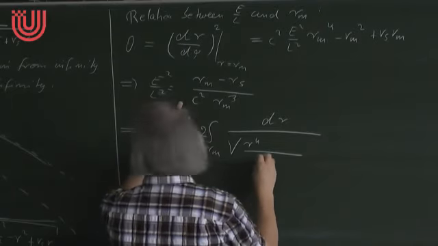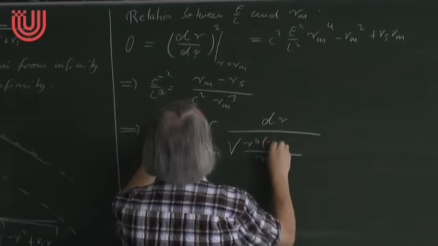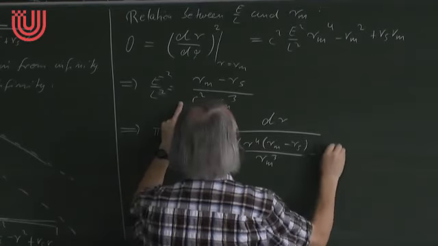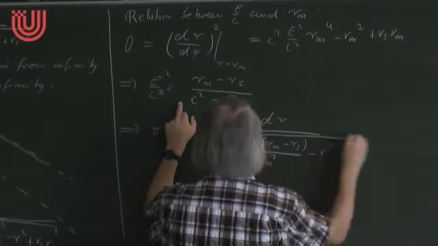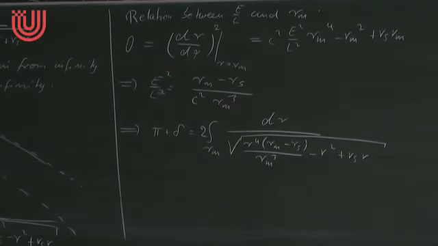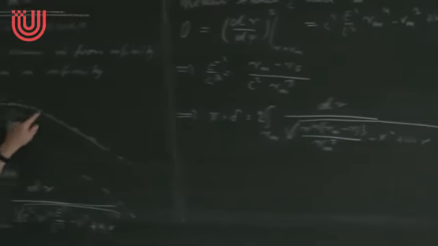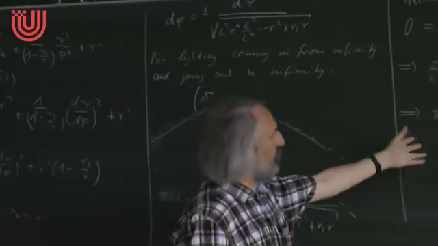Oh, what is this? Yeah, I think it's 2. Rm cubed, Rm minus Rs, and then the rest as it was, minus r squared plus Rs r. So if you tell me what's the minimum radius value of the light ray, I can calculate the bending angle with this formula.